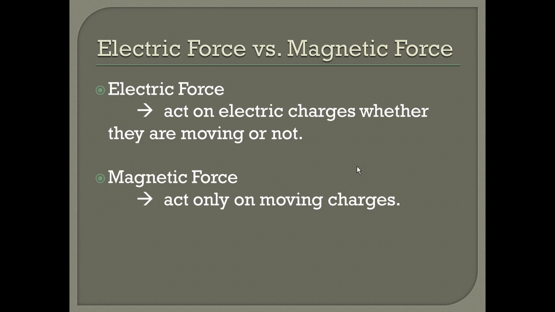Okay, so this additional interaction is exhibited only when the two charges do have relative motion with respect to each other. Otherwise, if they are not moving with respect to each other, then there would be no magnetic interaction exhibited.